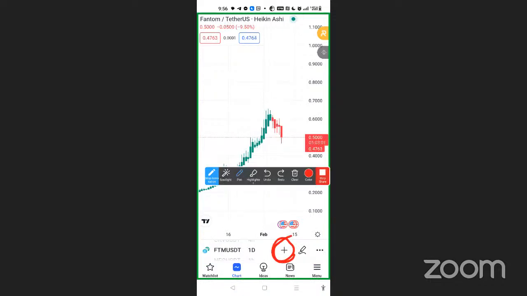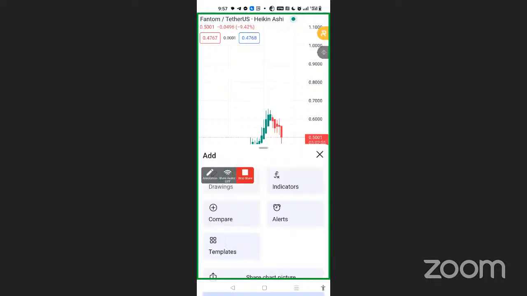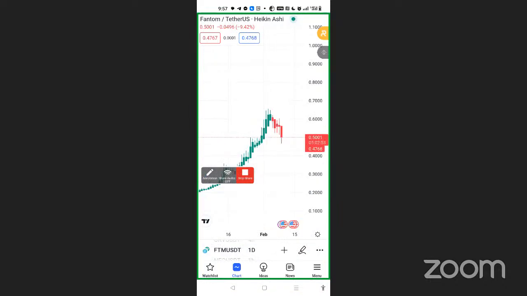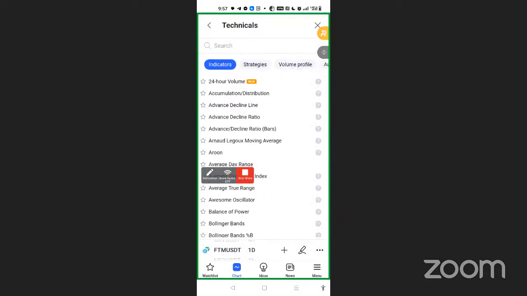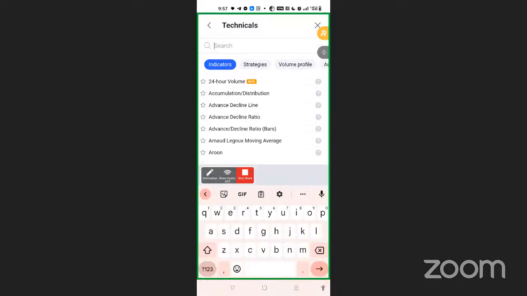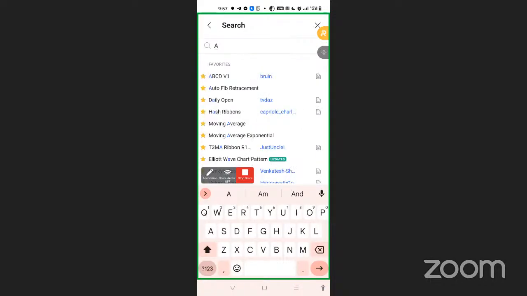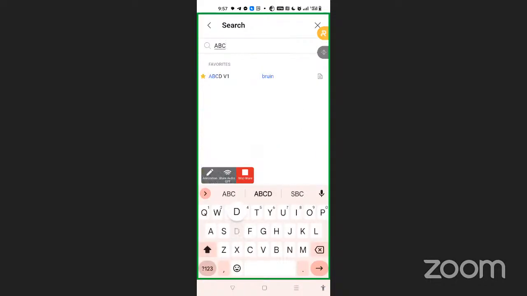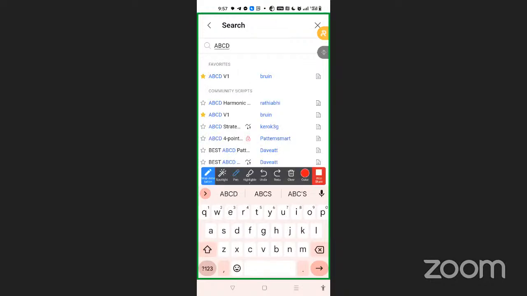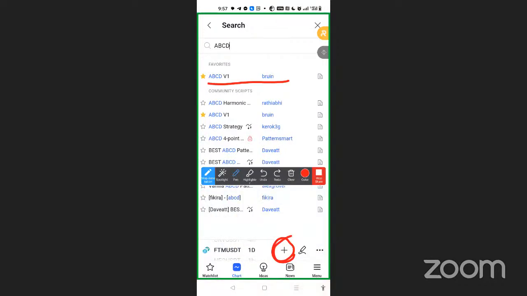Okay, but before I add indicators, let me use the indicator to simplify your work. So tap on the plus sign, FX indicators. Then we go to technicals, and the name of the indicator is called ABCD V1.